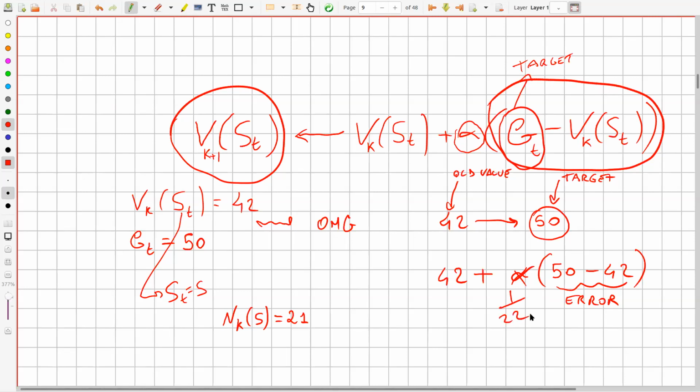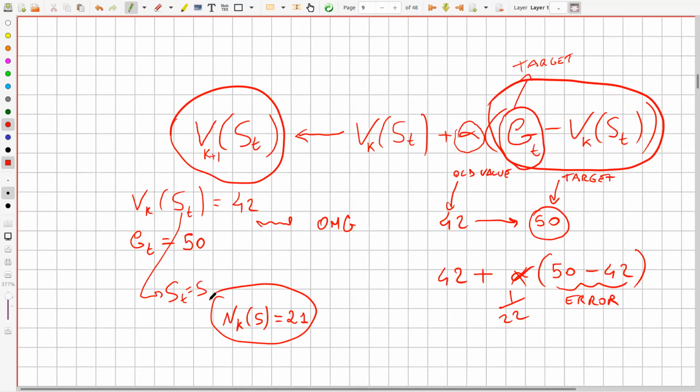Is this your question? Yeah, and also during an episode, you could have visited s more than once. Okay, this is accounted for in this notation. When I say nk of s equal 21, it means that I visited that state 21 times. That means I counted 21 returns for this state.